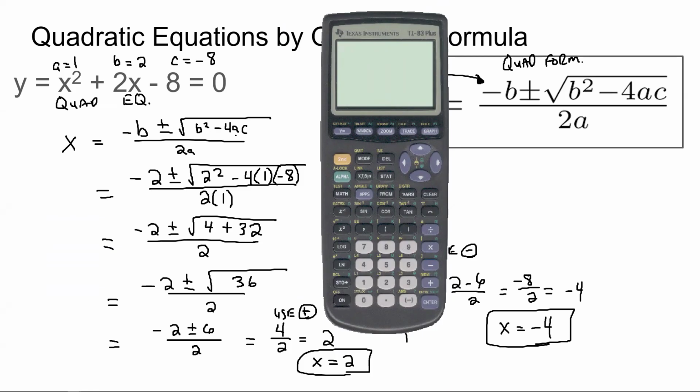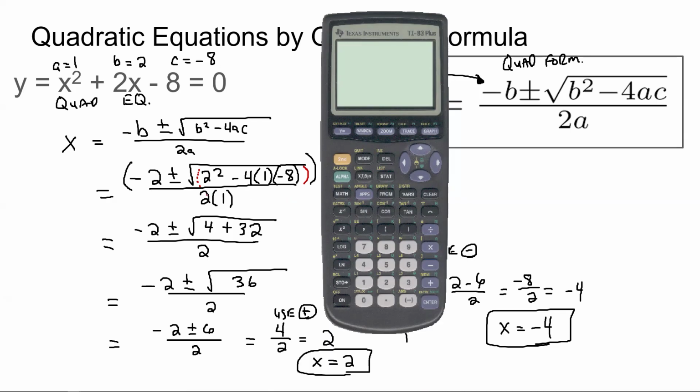That whole top has to happen before you divide by 2a. So I'm going to tie all of that up in a set of parentheses. Secondly, as soon as I hit the square root, the calculator, if you have this kind of calculator, is going to automatically start a second set of parentheses. So I have to remember to close that up.